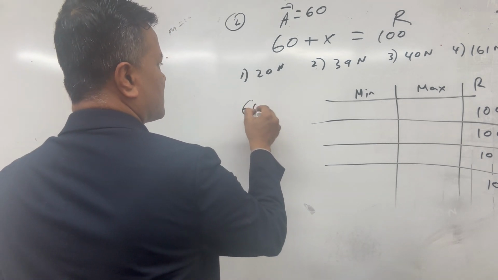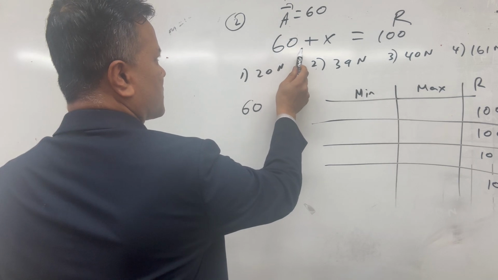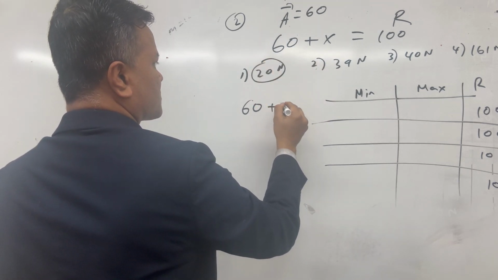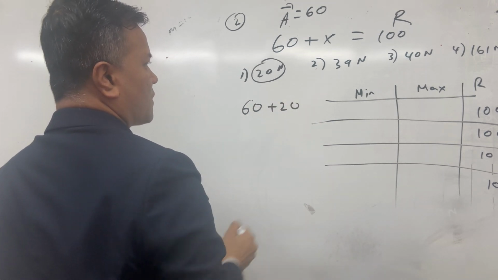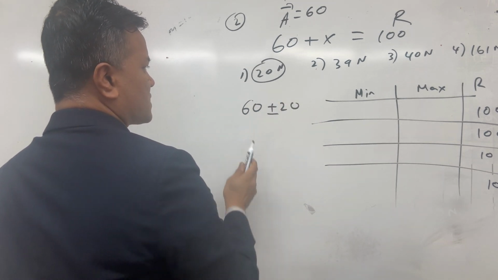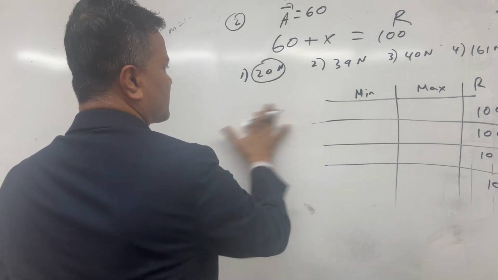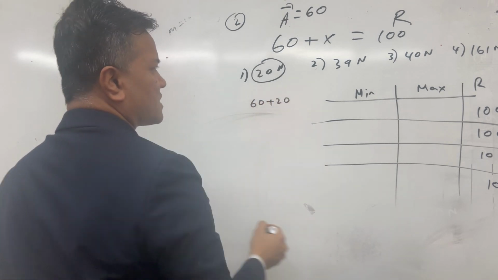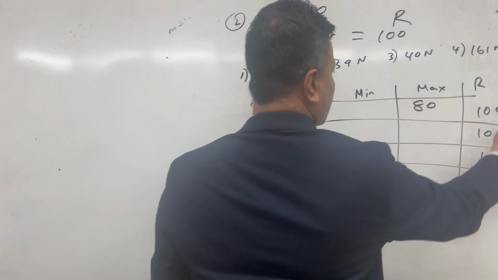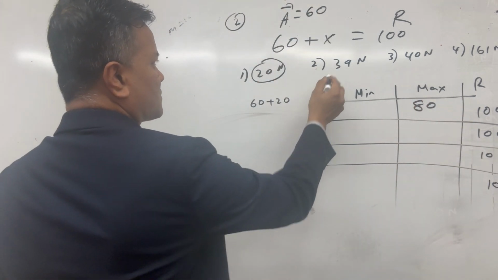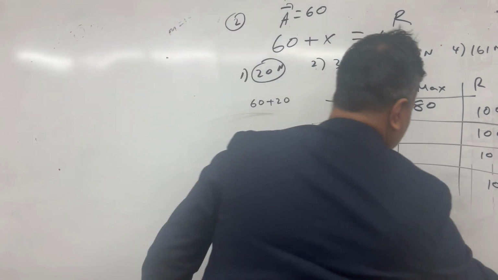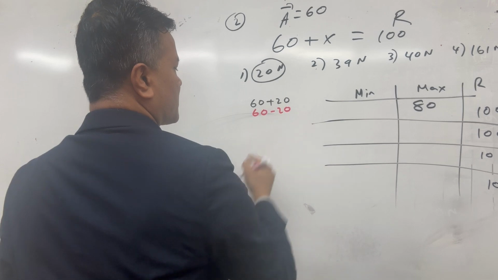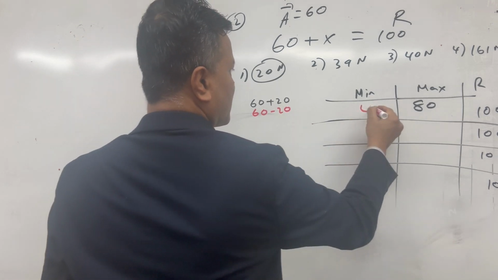So 60 plus 20 is 80, and 80 is not 100. Then 60 minus 20 is 40, and 40 is not 100.